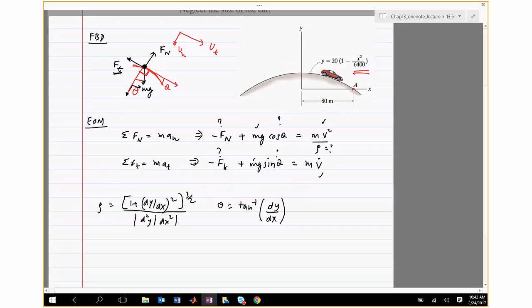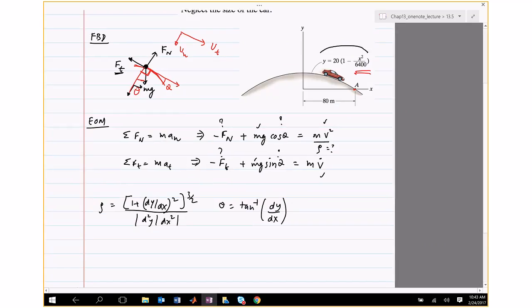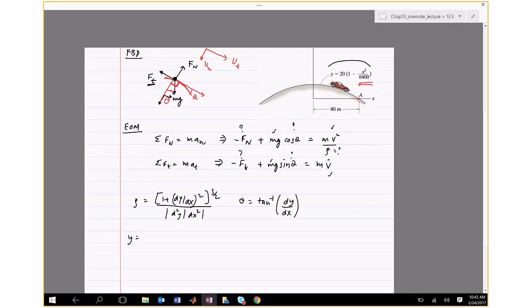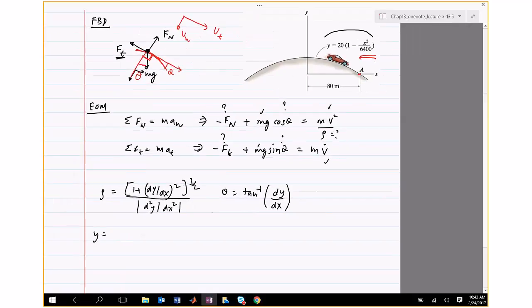Okay, so this is y. So y is 20 times 1 minus x squared divided by 6,400.